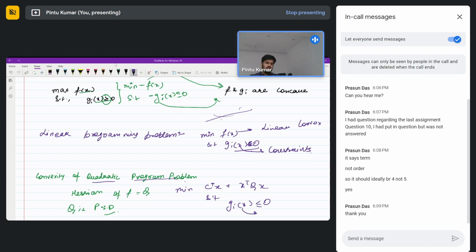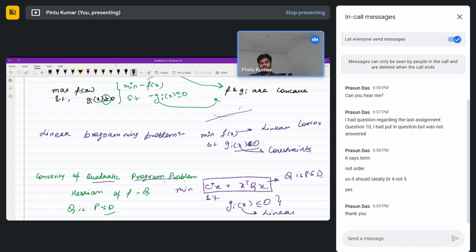Now your gi's are linear, right? So they are both concave and convex. You need not worry about them. So if you want to check the convexity of your objective function, then it turns out that if your q is positive semi-definite, then your quadratic program is convex. Why?